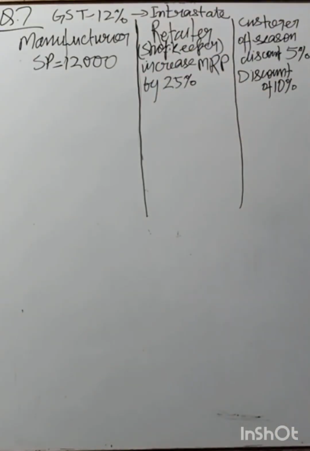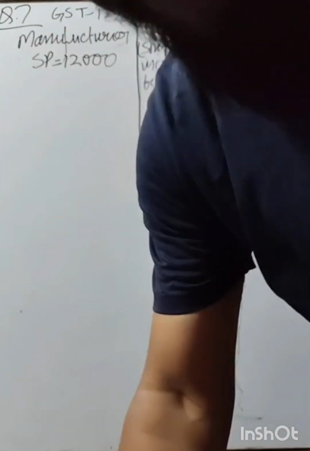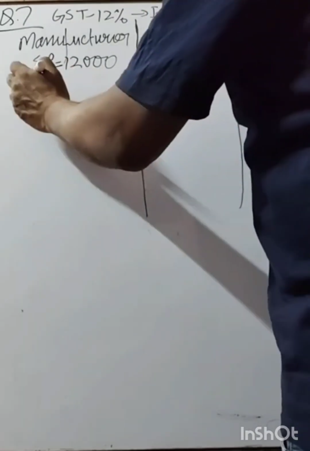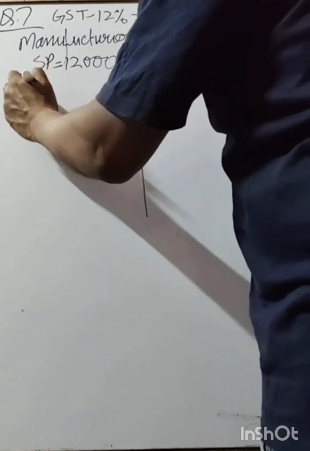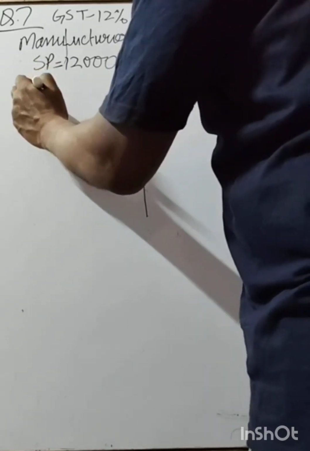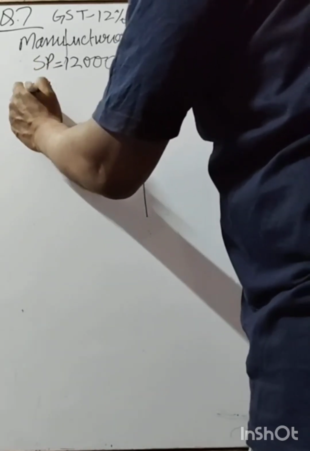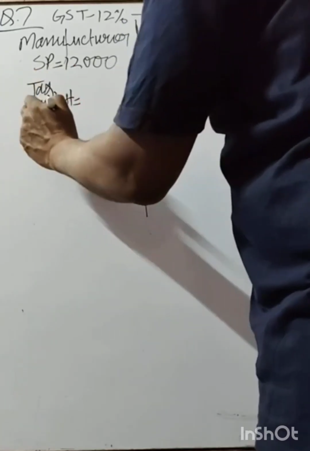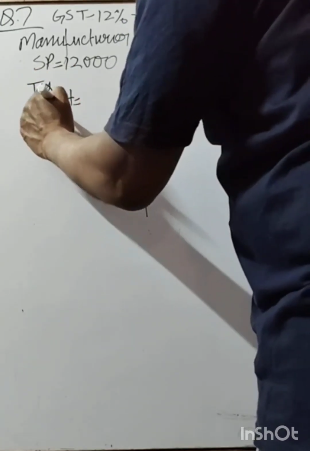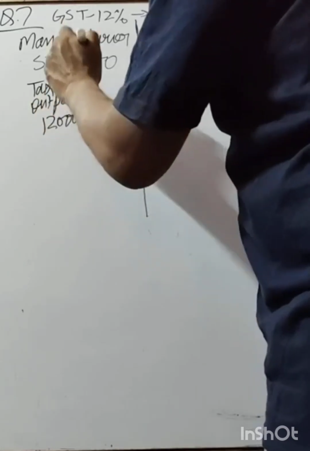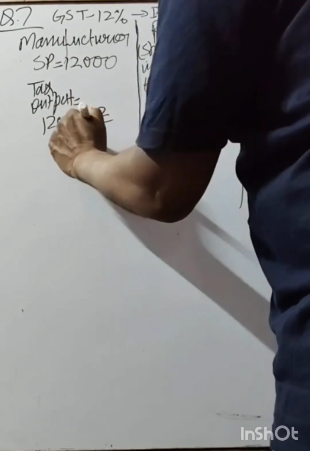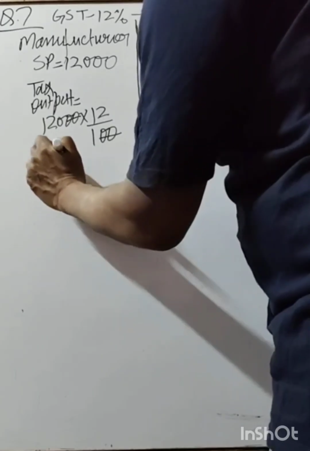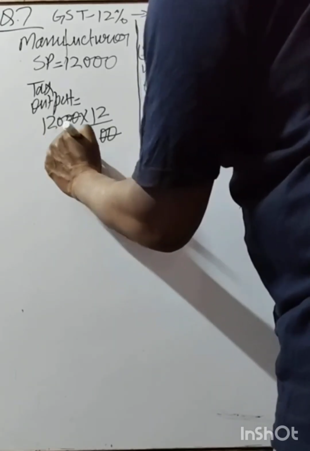Now, so for his SP, the output tax is equal to 12,000 into 12 upon 100, 1440.